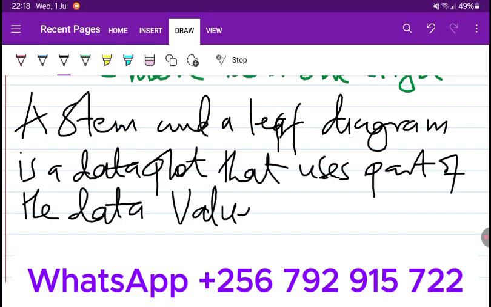I'm talking about data value because I mean one individual value.